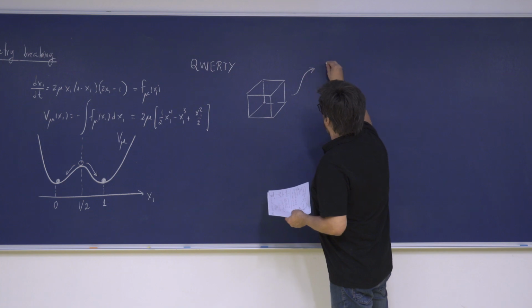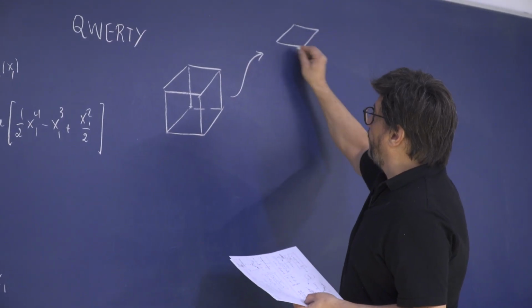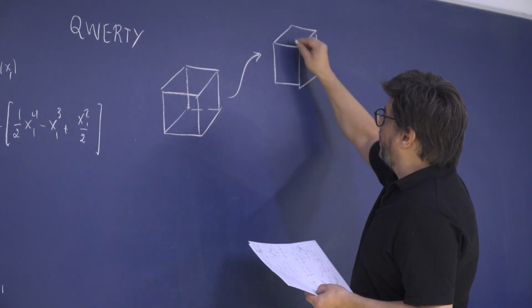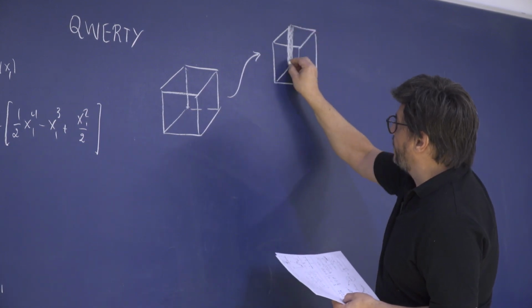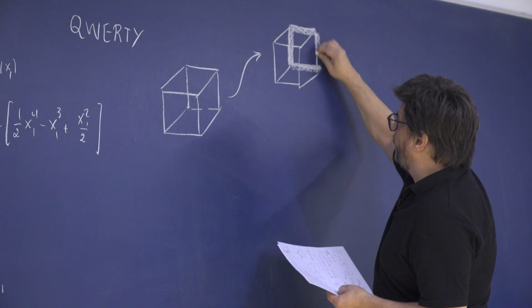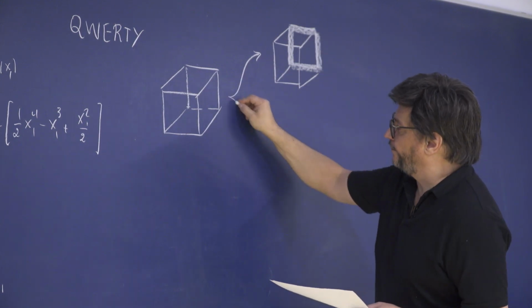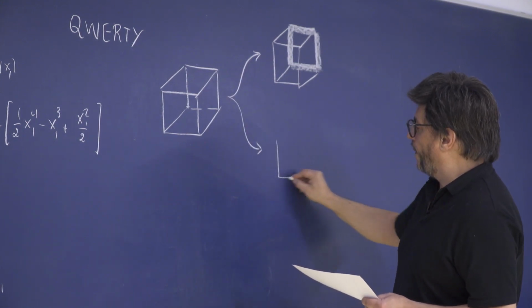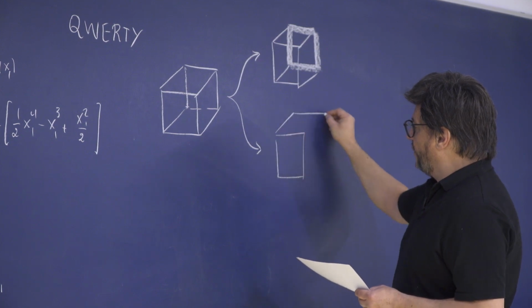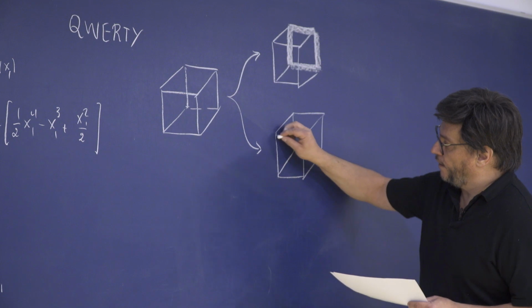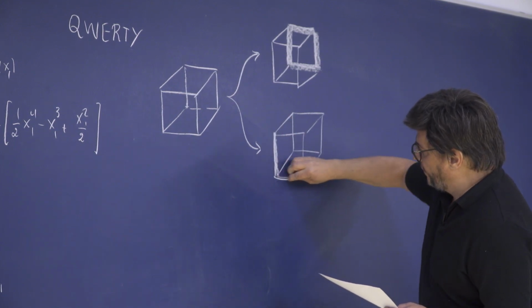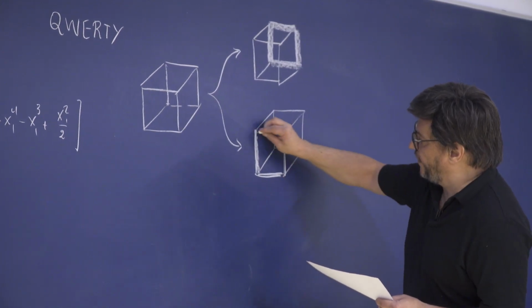Either you see this face as the front one, okay? Or you see the alternative, right? That's what the brain tries to see as the face here.